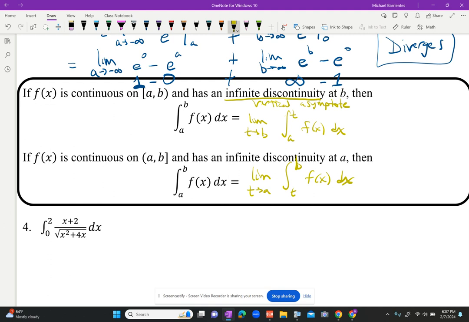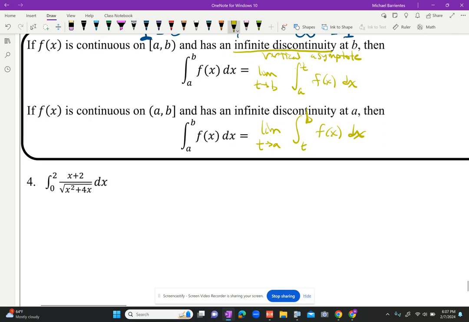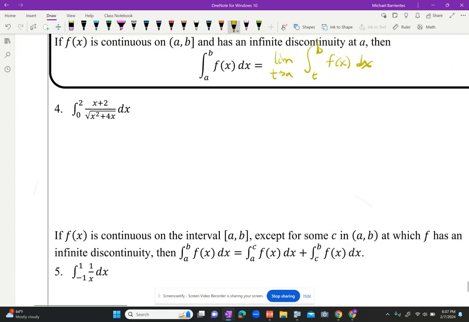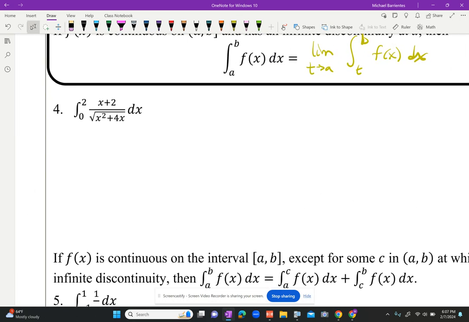And that's going to be the case when I look at number 4. So this will be the last one we do for this video, but let's take a look at how we can do this. I notice that I don't see any infinities in my integral. However, I now realize that if I substitute 0 wherever I see an x, I'm going to get a 0 in the denominator and a 2 in the numerator.